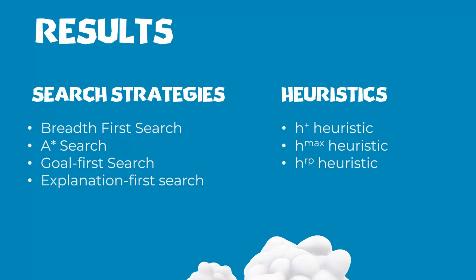For example, A star can be paired with H+, Hmax, or relaxed plan heuristic, or not use any heuristic, and any of those configurations can use fog-of-war pruning. So we tested all those configurations with fog-of-war, and as the baseline, we tested all the configurations without fog-of-war.